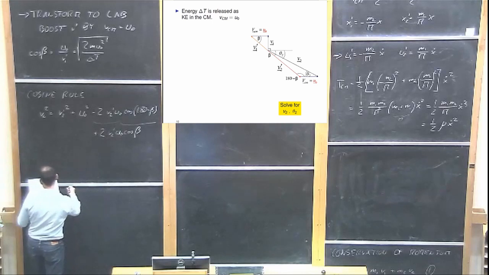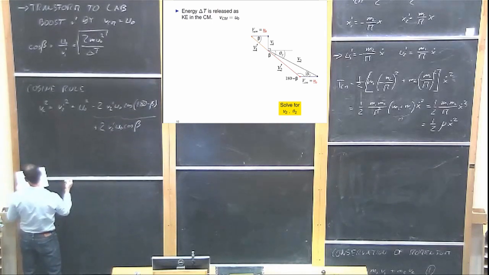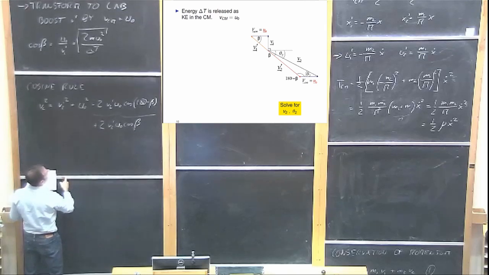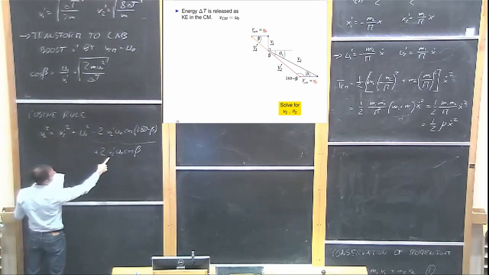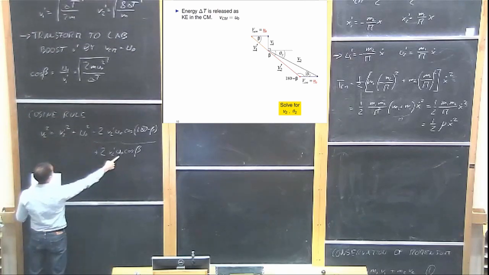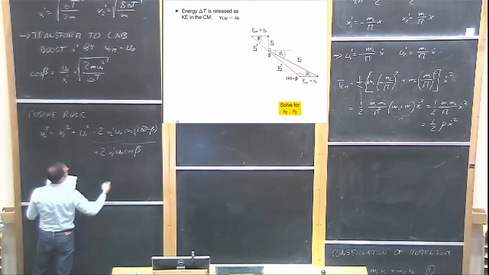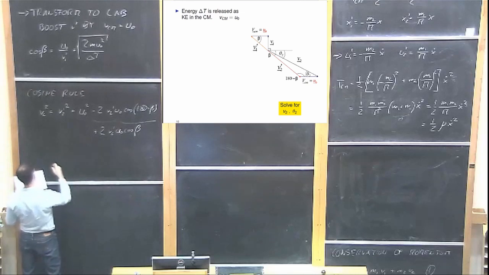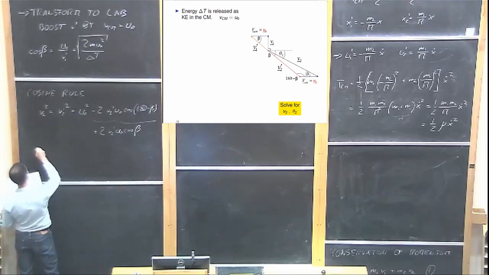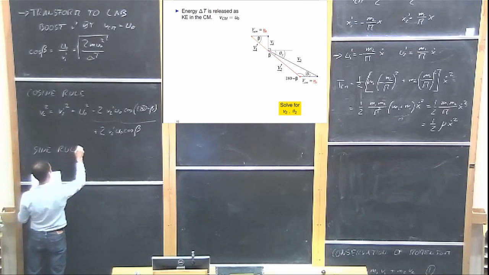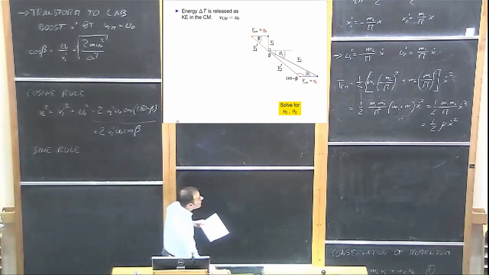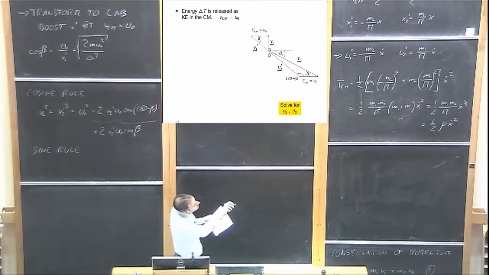We can rewrite that and solve for beta, because we know this one, we know this one, and we can solve for beta as a result. And for the other one, we're going to use the sine rule. So we're going to look at sine theta 2, which is also down here.